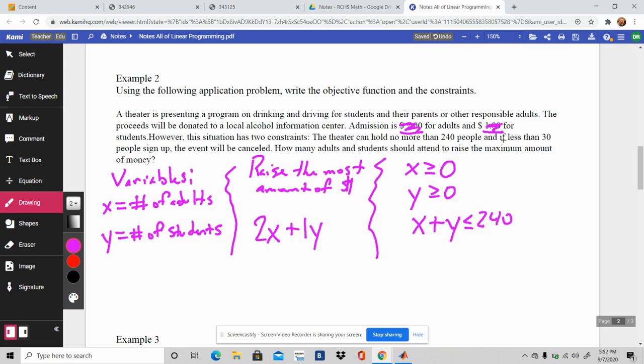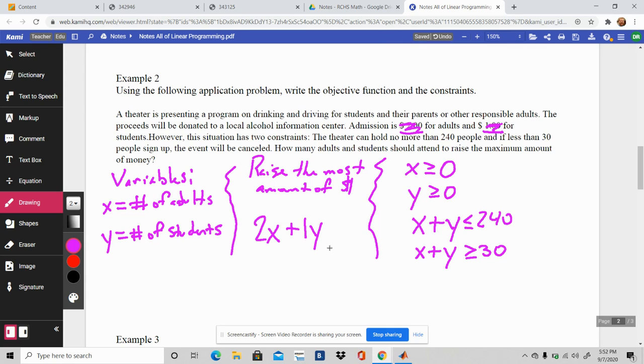The other constraint deals with the other number, which says if less than 30 people sign up, the event will be canceled. So that means x plus y, if less than 30 people sign up, the event's going to be canceled, so there needs to be more than 30 people. Less than 30 would be canceled, so 29 would be canceled, but if you had 30, it would still go on. So I'm going to put an or equal to here.